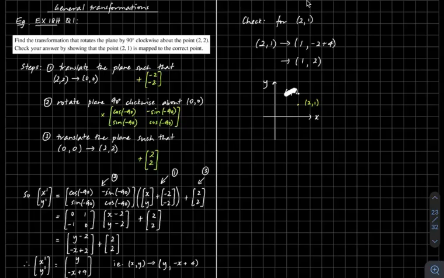I might move this over to the other side here so it's not in the way. So if I'm going to rotate this by 90 degrees around that center in a clockwise direction, it's going to end up there, isn't it? So that's a 90-degree rotation in a clockwise direction. So that now has coordinates 1, 2. And that's indeed what my rule gave me there using the matrix operations.